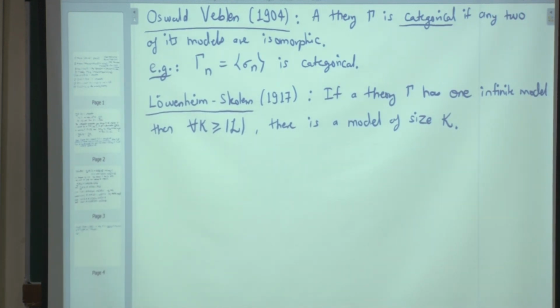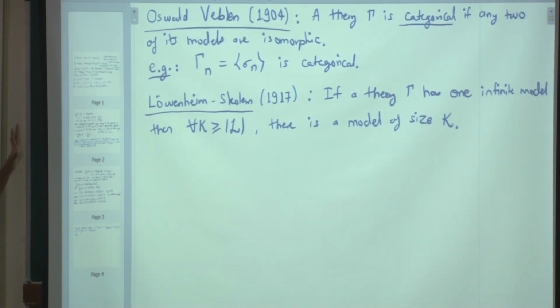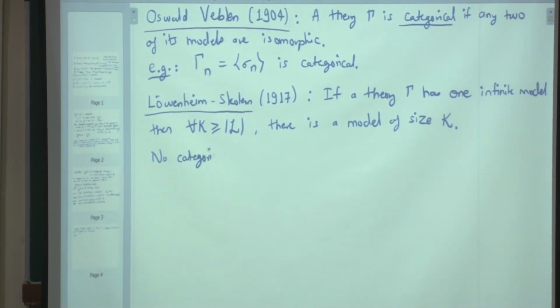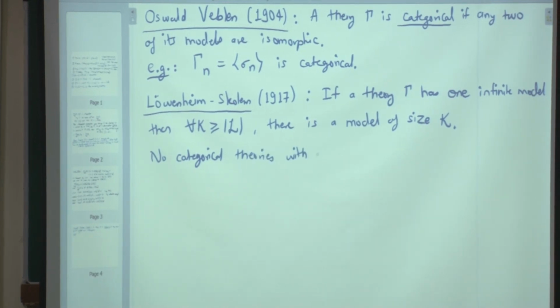So, if two different models have different cardinalities, can they be isomorphic? Obviously not, because there can't even exist a bijection. So, for isomorphism, existence of a bijection is the basic requirement. So, therefore, you cannot have any categorical theory, right. So, no categorical theories with infinite models.